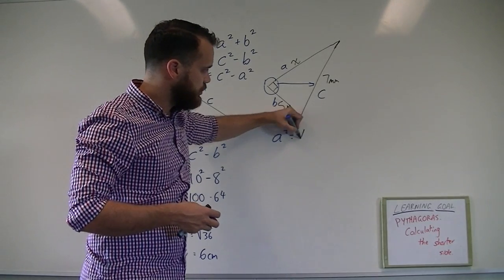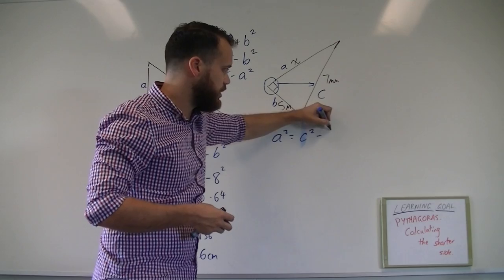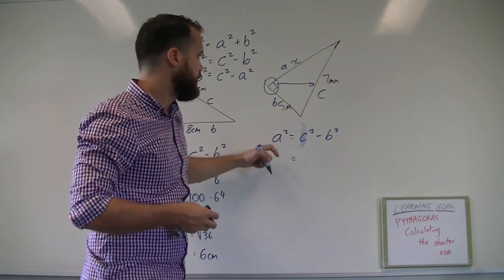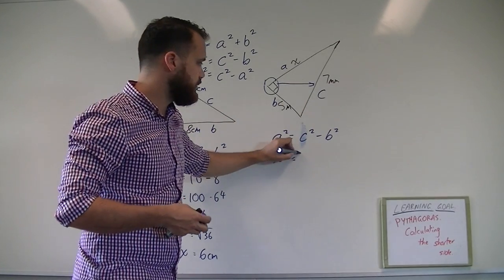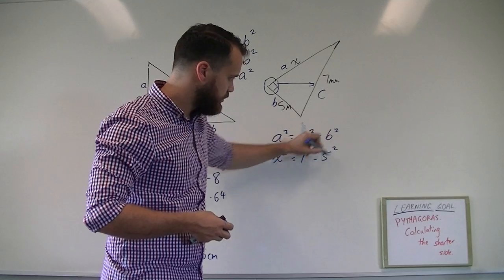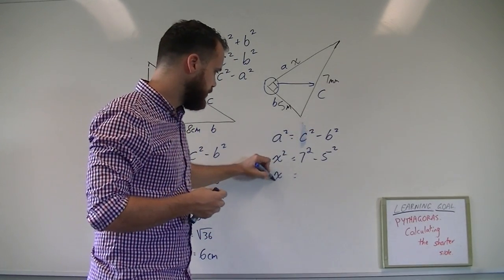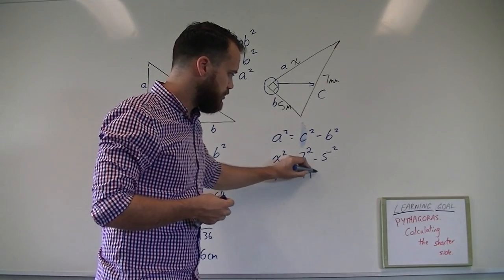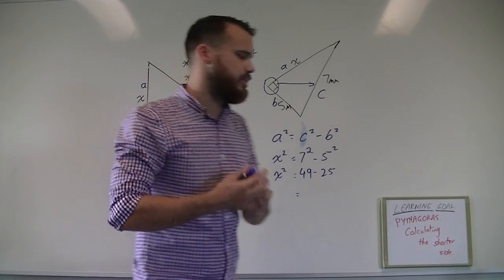A squared is equal to C squared minus B squared. Now A is x, so x squared, C is 7, 7 squared minus 5 squared. Okay, type all that into your calculator. 49 minus 25.